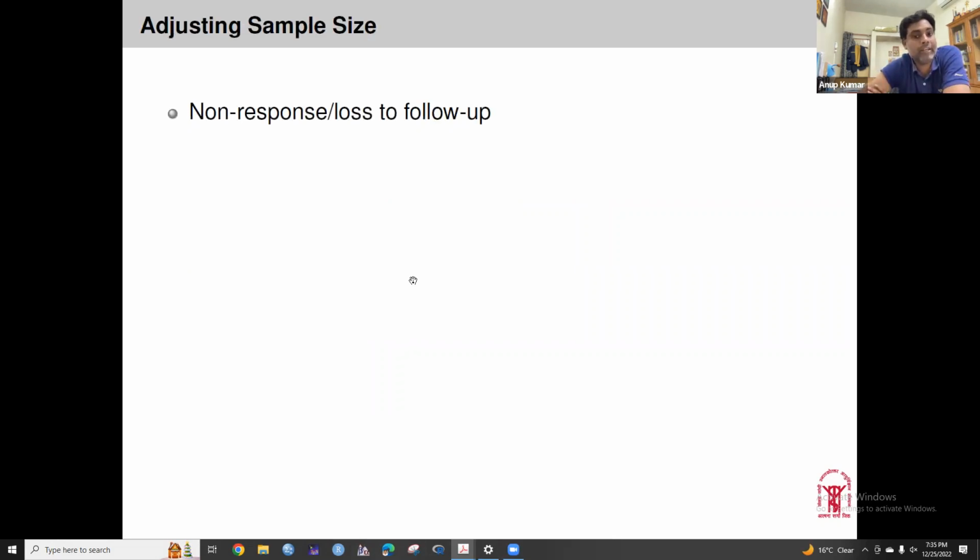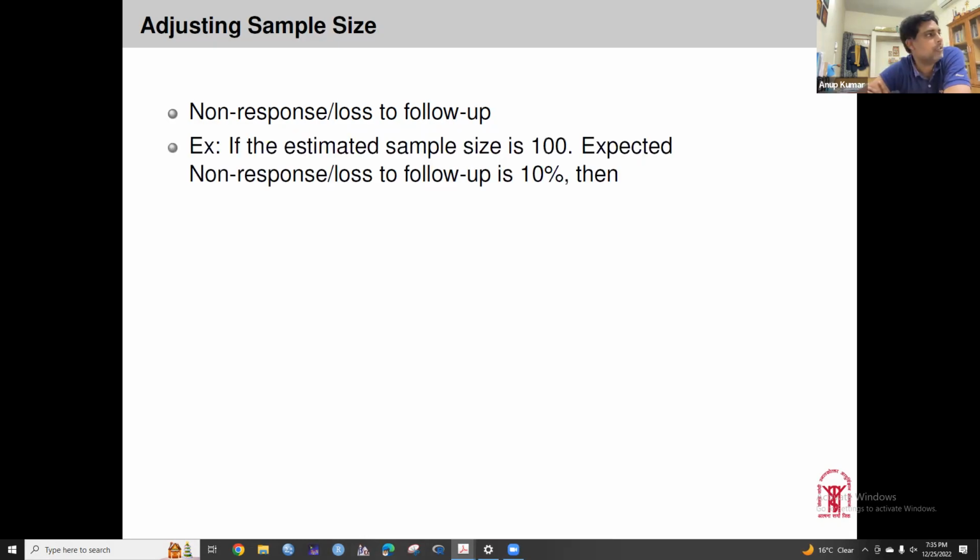Now, very important, adjusting the sample size. Sometimes what happens, we calculate the sample size and start collecting the data, but we have some non-response and loss to follow-up. From patients, we recruit the patient, and then we just have non-response. So we should incorporate these, so that at the end of the study, at least we have 10% of the non-response. पहले से हम उतने patient को ही recruit करके रखते हैं, है ना?